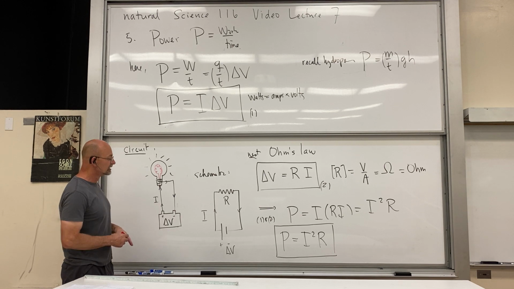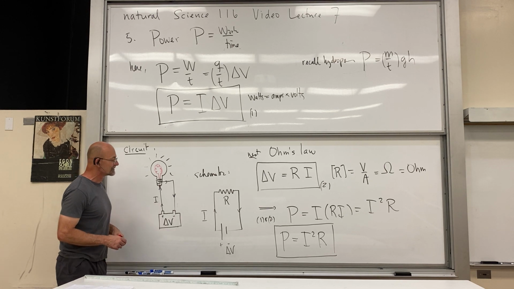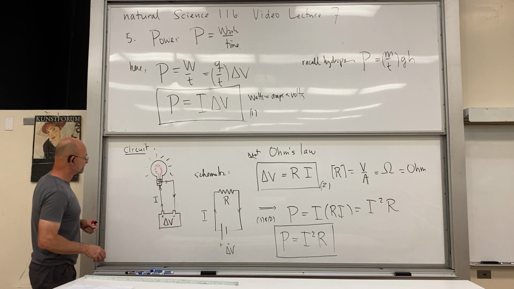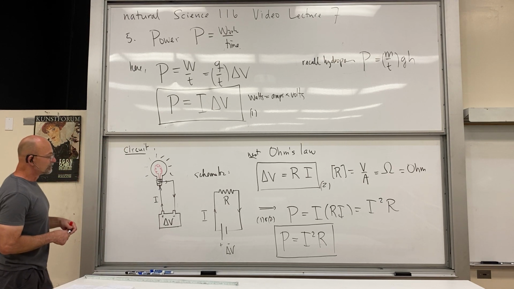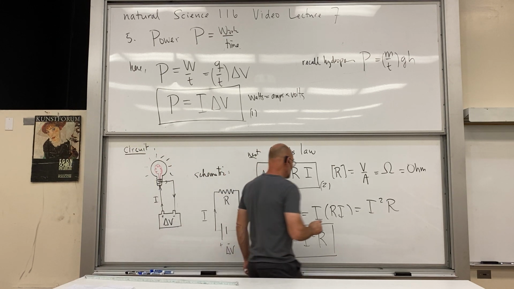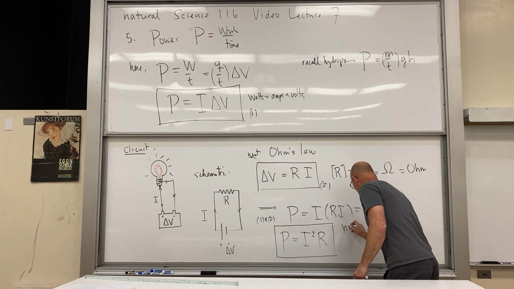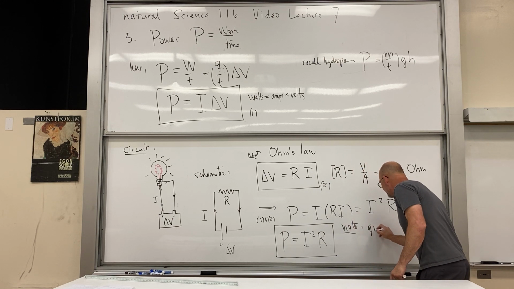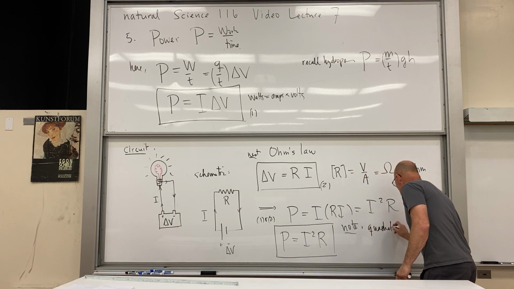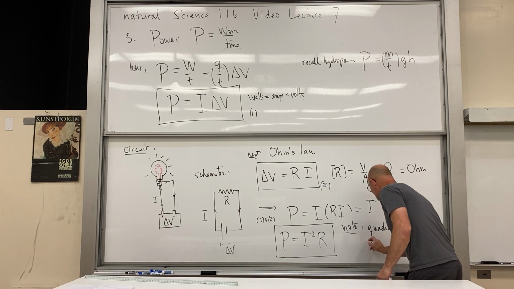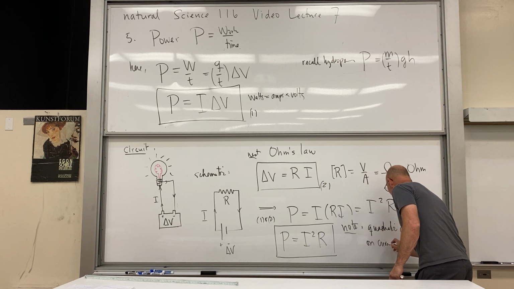That's the idea behind circuit breakers and fuses and stuff. Good, so that's why I had to bring that up. And I'll put that as a note. We've got the quadratic dependence on current.